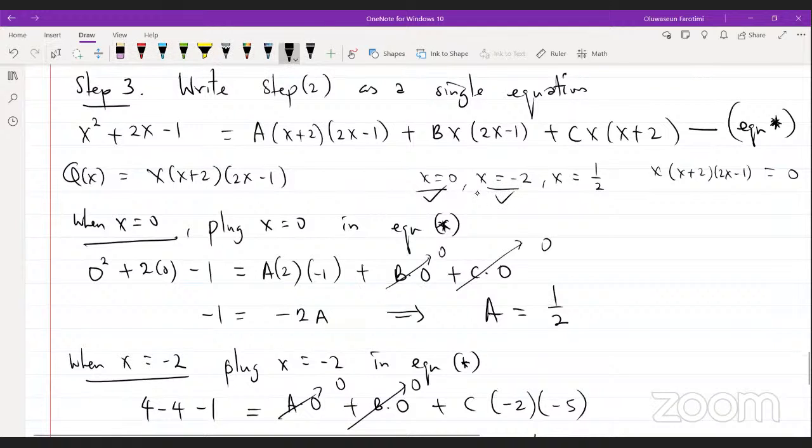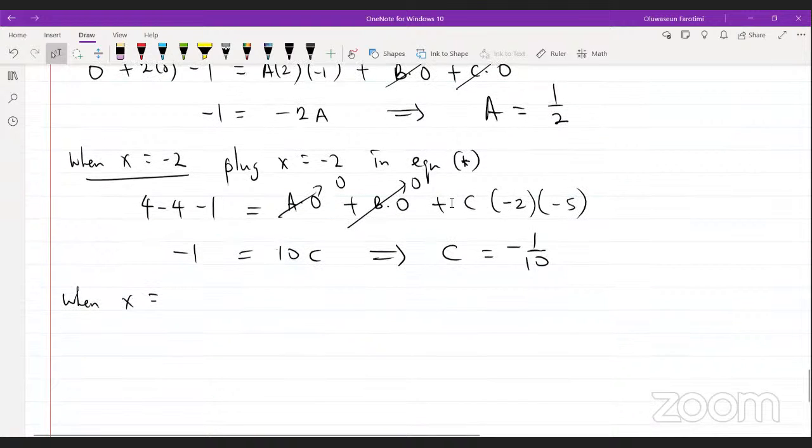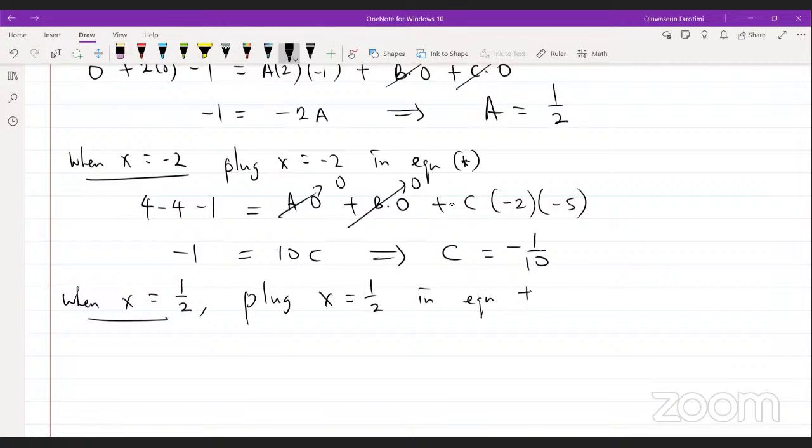So we're left with when X is 1/2. When X is 1/2, what happens? I plug X equals 1/2 into equation star. If you do the plug-in, the left-hand side, you got 1/4 plus 1 minus 1.